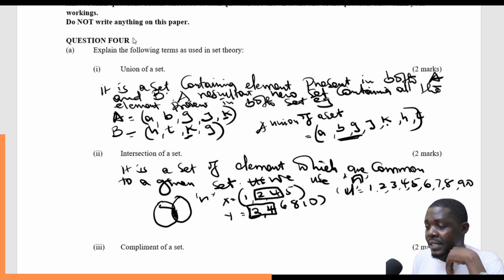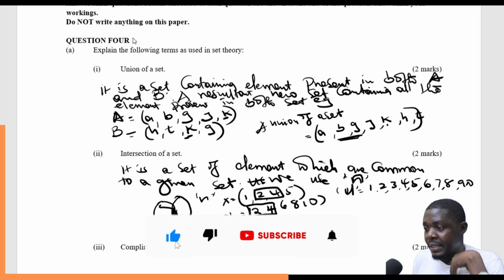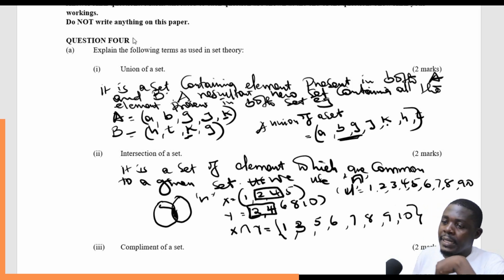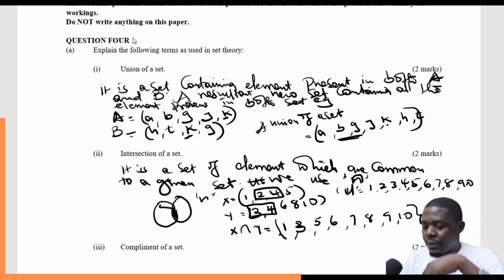In the intersection of a set, we are going to put it in this manner, or the resulting figure, whereby X, Y, we are going to have 1, 2, 3, 5, 6, 7, 8, 9, and finally 10. That is an intersection of a set.